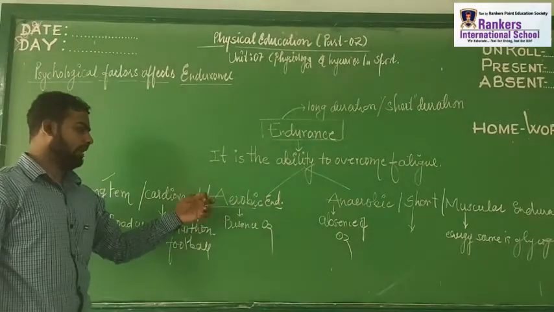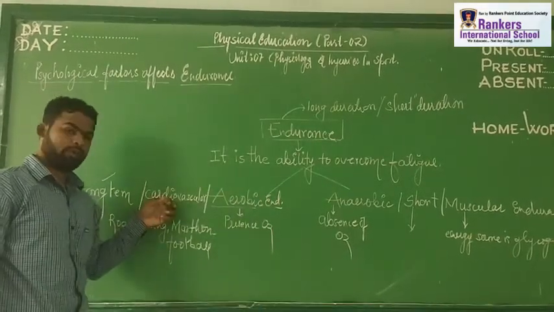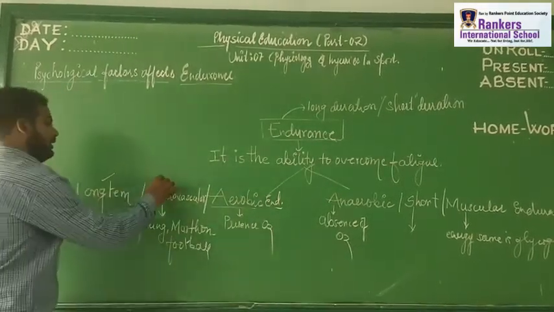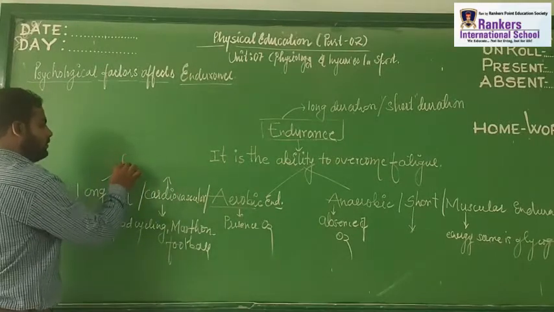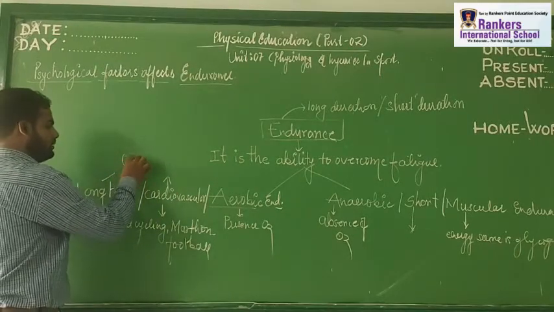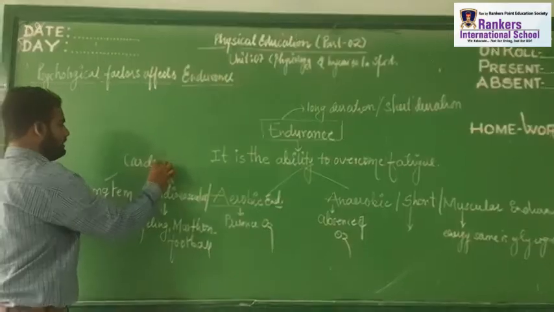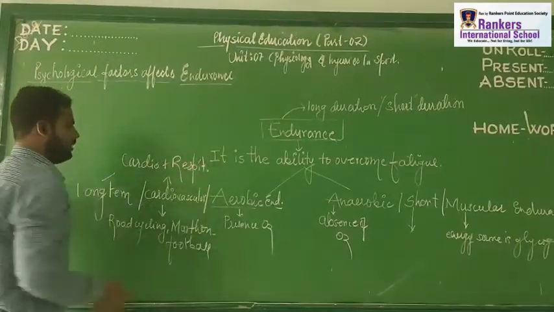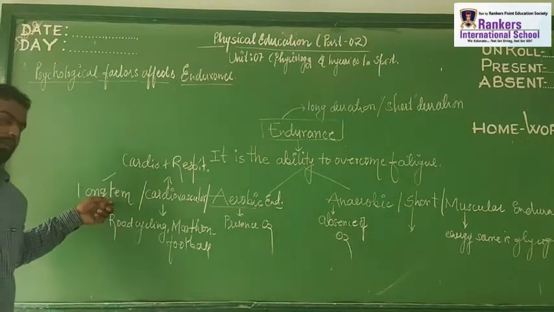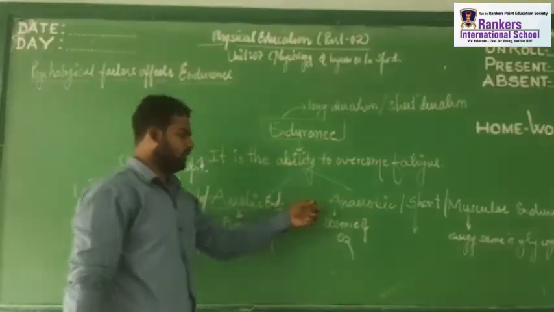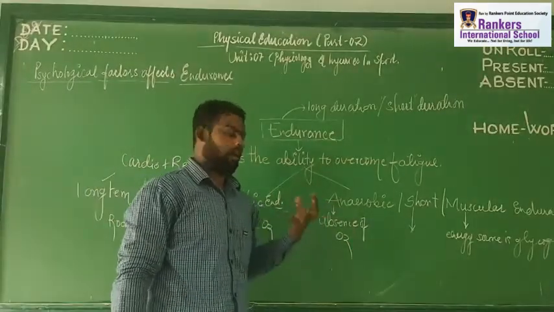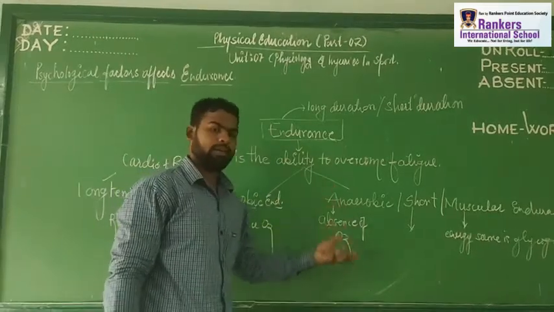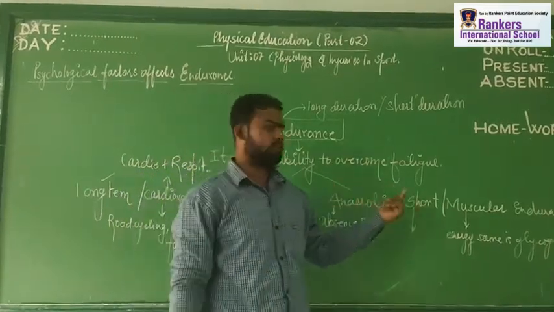When I am telling about aerobic endurance, which is also called cardiovascular endurance, it is a combination of the circulatory system, that means cardio plus respiratory. Okay, and it is also a long-term activity. When I am talking about anaerobic endurance, it is absence of oxygen, short-term like a 50-meter dash, and it is called muscular endurance.